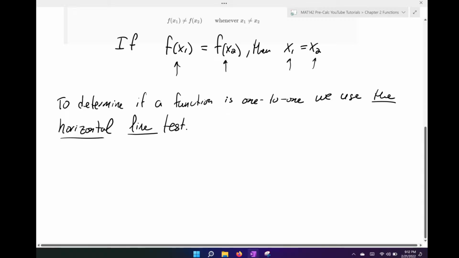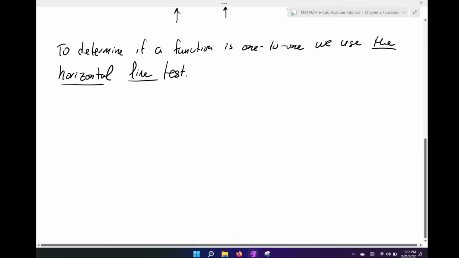So if you think about this, I'm just going to go ahead and draw a quick function. We'll draw something very simple. Let's say, oh, this is a good one.